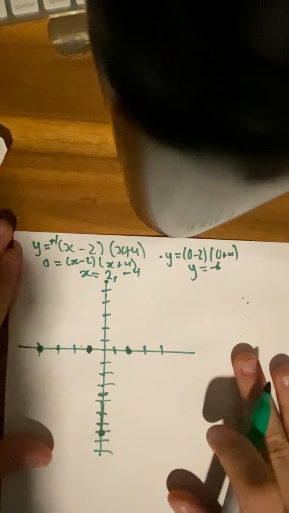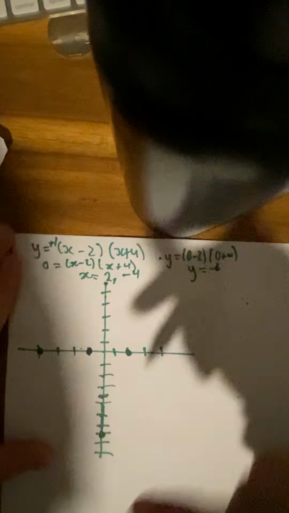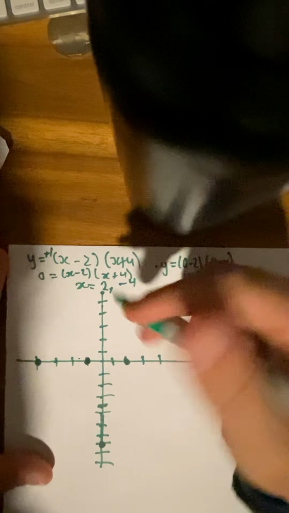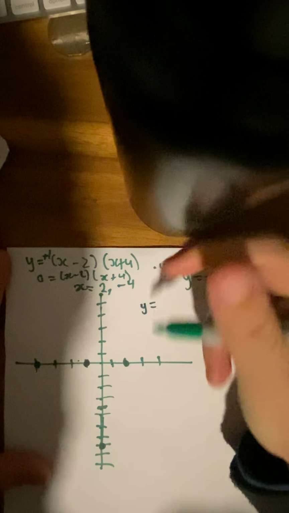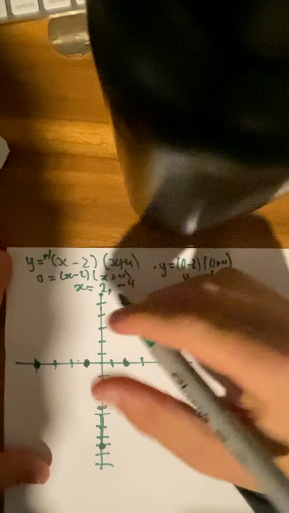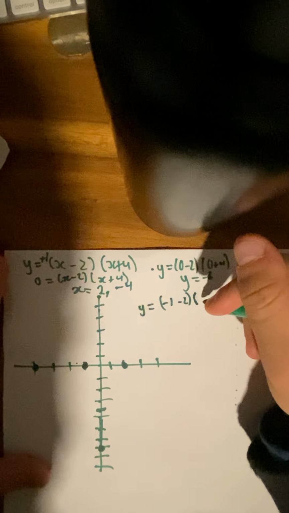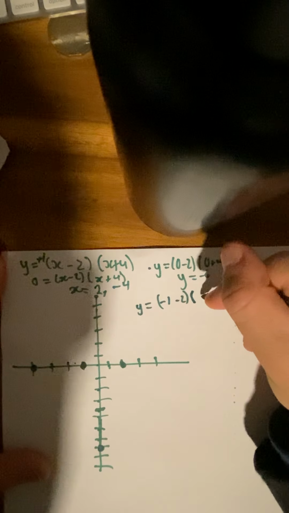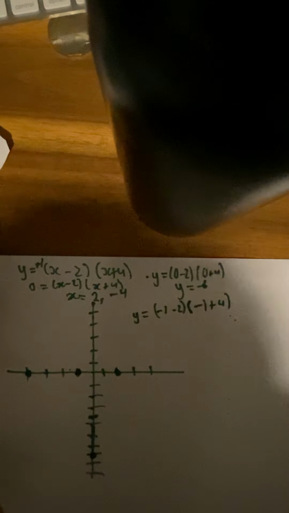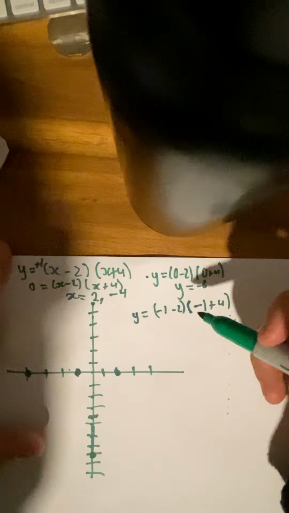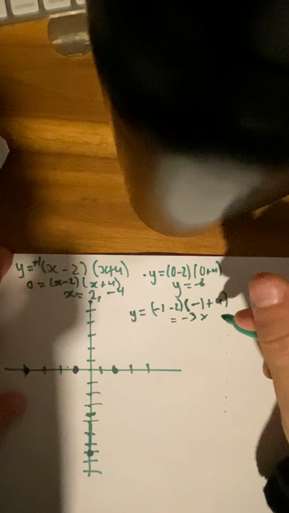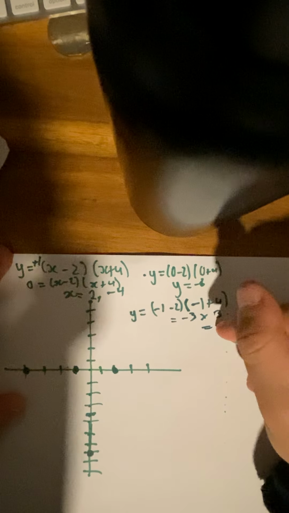Now, to find the vertex, we simply sub in x equals minus 1 into this equation. So y equals (minus 1 minus 2), and this will give us the y coordinate for the vertex, or the lowest point of the function, times (minus 1 plus 4). Now this equals minus 3 times 3, which equals minus 9.